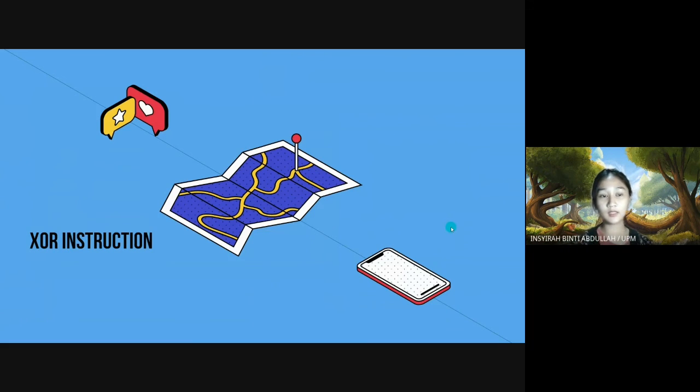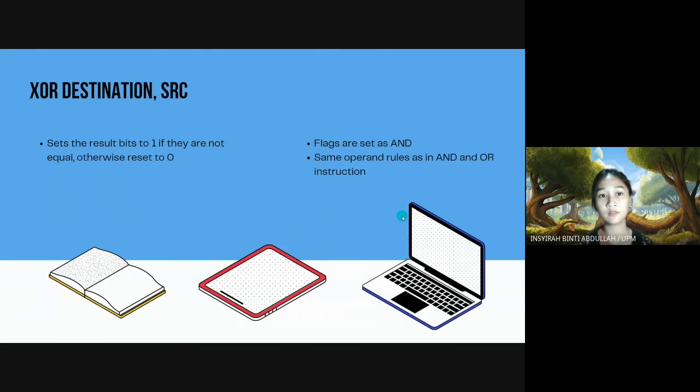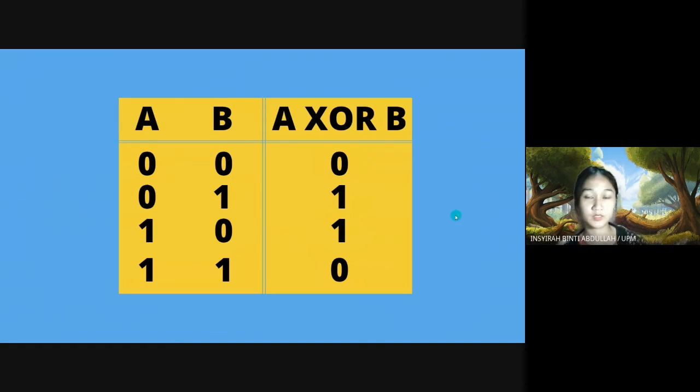And lastly, the XOR instruction. It sets the result bits to 1 if they are not equal, otherwise it will reset to 0. And flags are set with the same rules as the AND and OR instructions. This is the logic table for XOR.